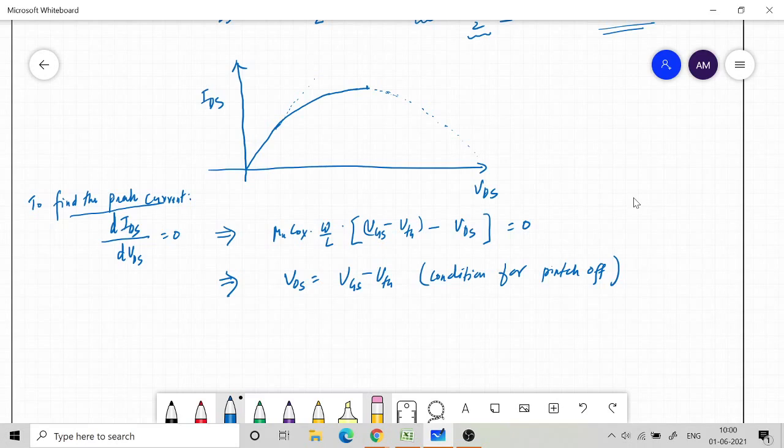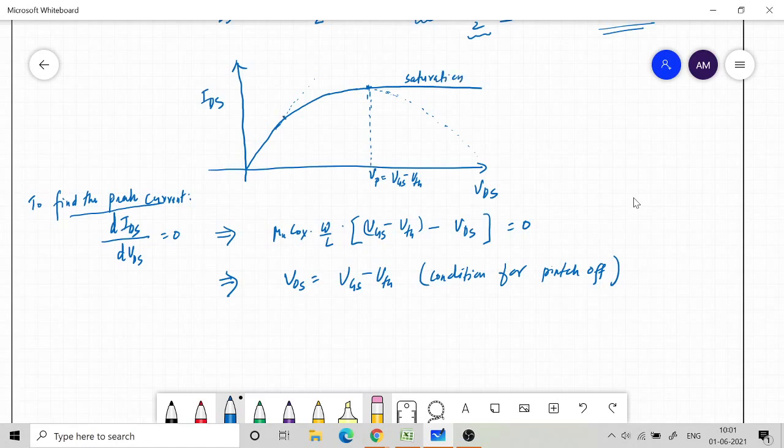From here onwards, this current will stay constant. So this is basically the pinch off point, the VDS value which is equal to VGS minus VTH. Depending upon the VGS value, when VDS reaches VGS minus VTH, the channel is pinched off and the current is constant. So we have the saturation region here.